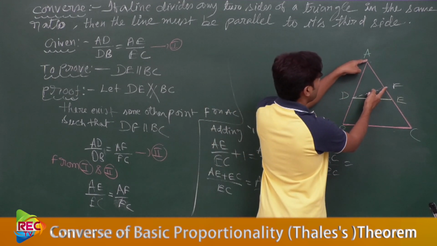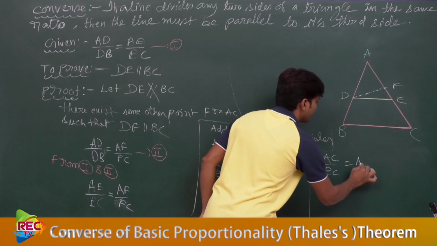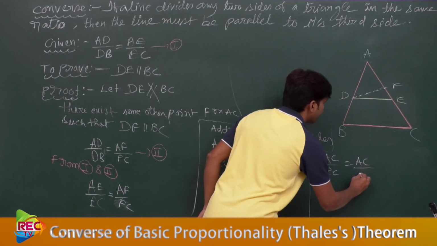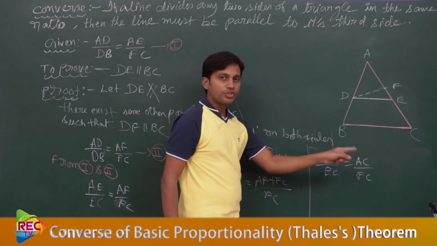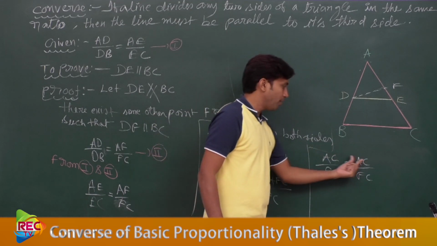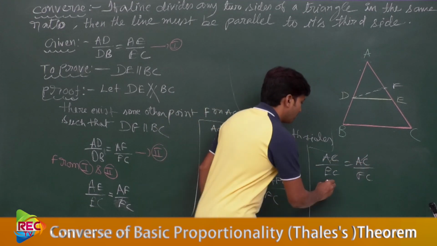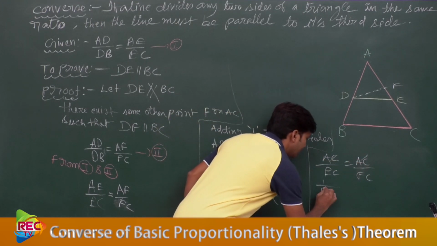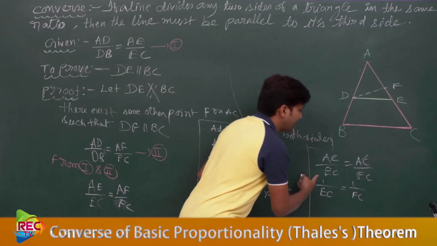Now just see this, AF plus FC, is it again AC or not? Again AC by FC. Now on both sides we have AC commonly in the numerator, we can cancel that. Now this is 1 by EC equal to 1 by FC.